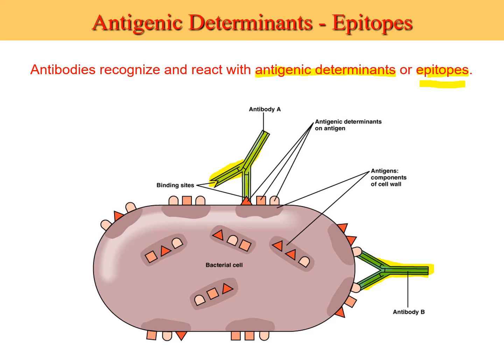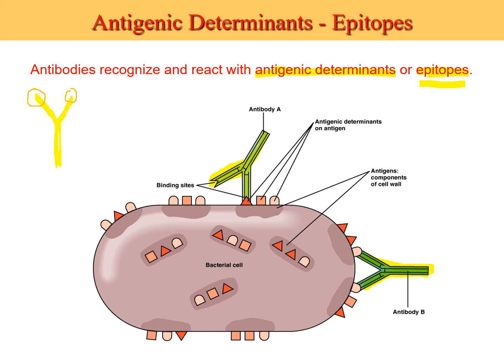The overall shape looks kind of like a Y, but it's made up of 4 polypeptide chains. And remember the whole role of this molecule is as a receptor for foreign target antigen. So it has to have a binding site where it interacts with the antigen. And the binding sites are at the ends of the arms right here.